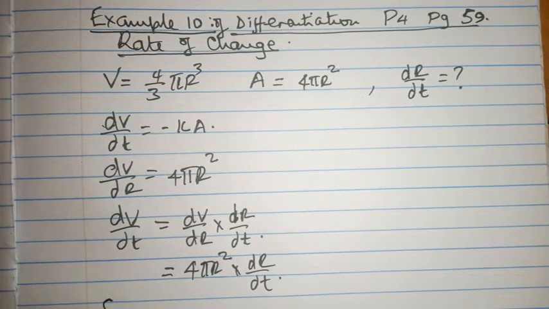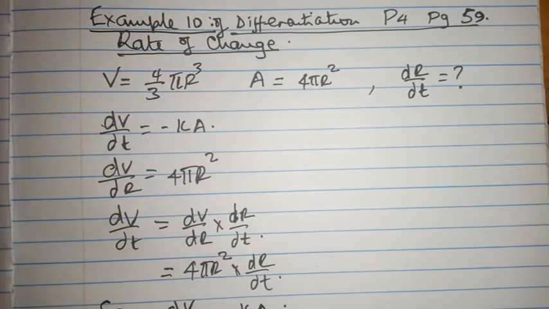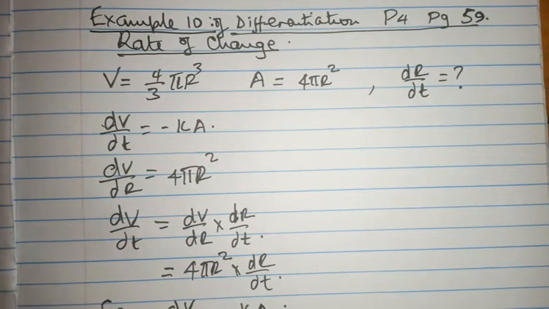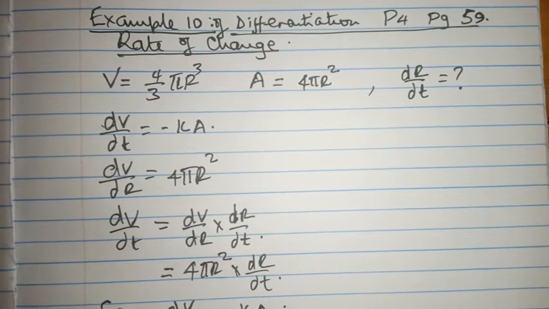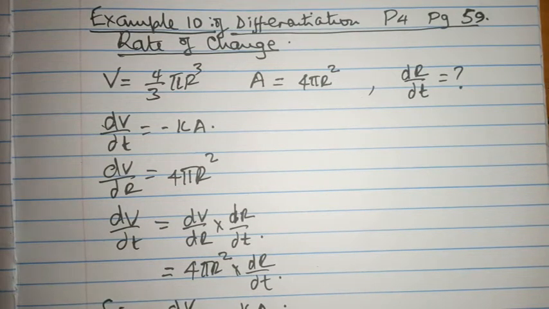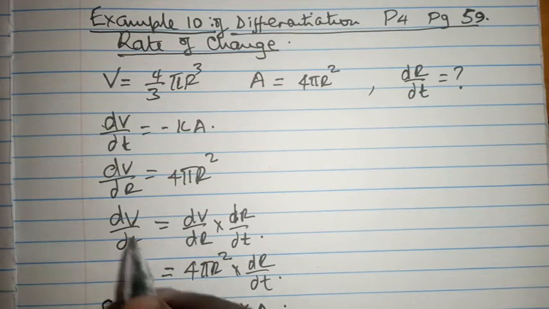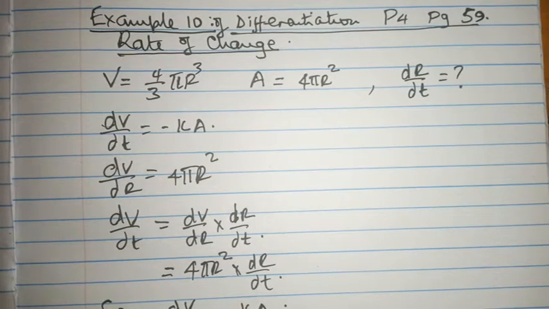So 4 pi r squared times dr/dt equals dV/dt, which is minus k times 4 pi r squared.